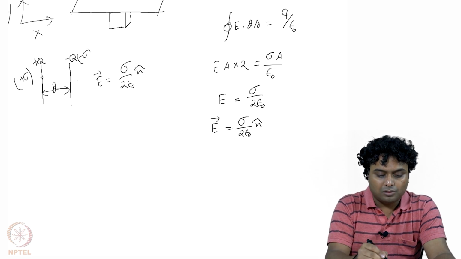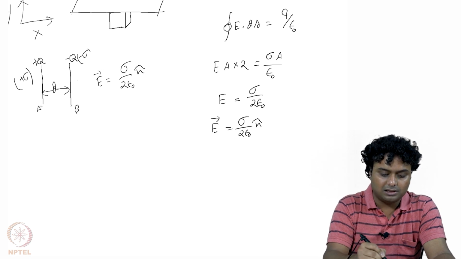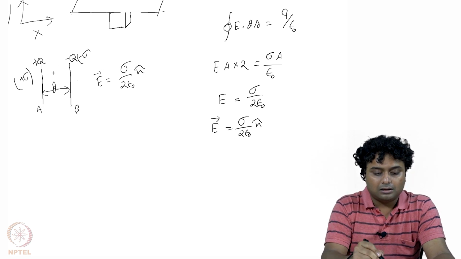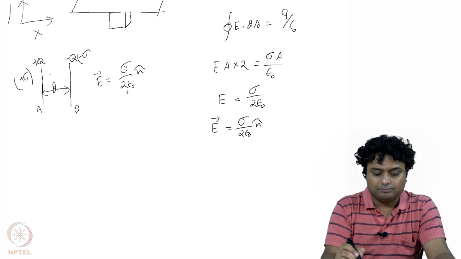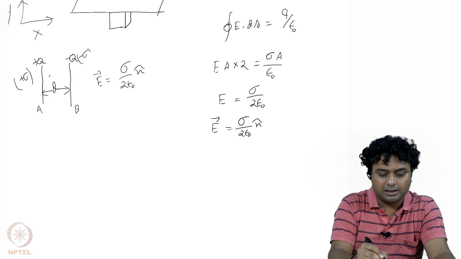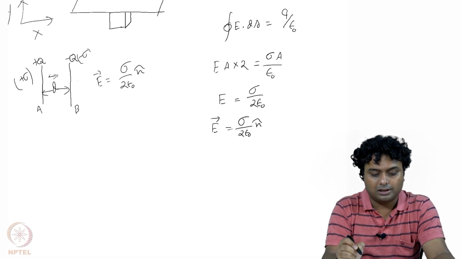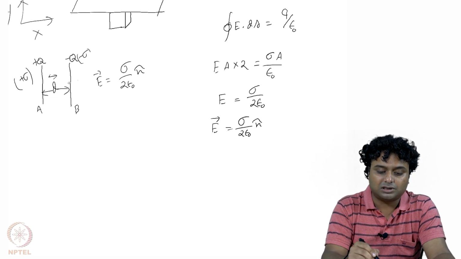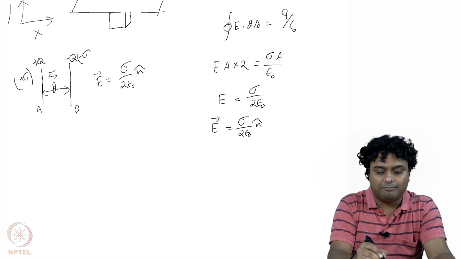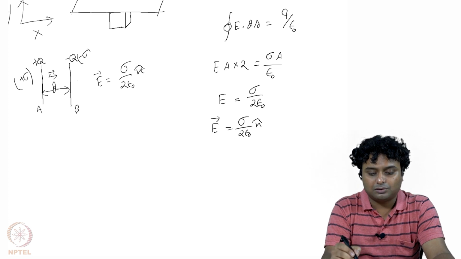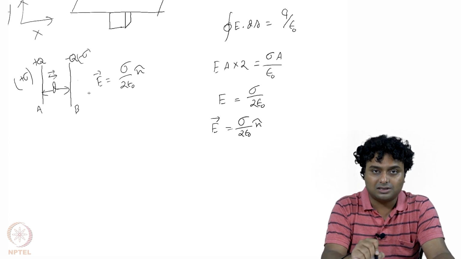Now let us name the two plates, plate A and plate B. Because of plate A, the electric field at any point in between is sigma by 2 epsilon naught n cap, directed in this way because of the plus q charge. For minus q it is of the same magnitude, and the direction is the same because it is negative, so the n cap also directs towards the surface.